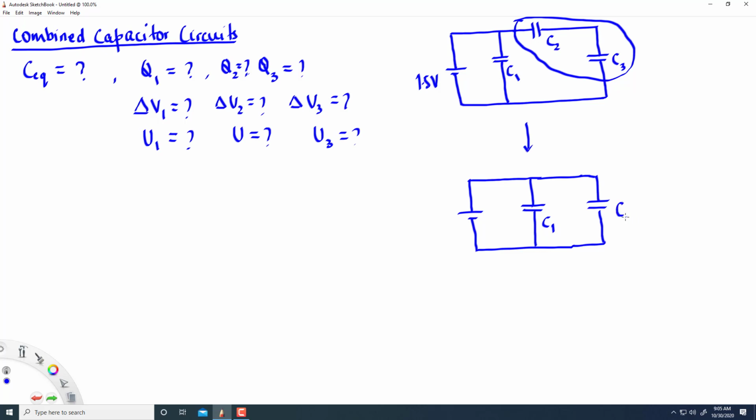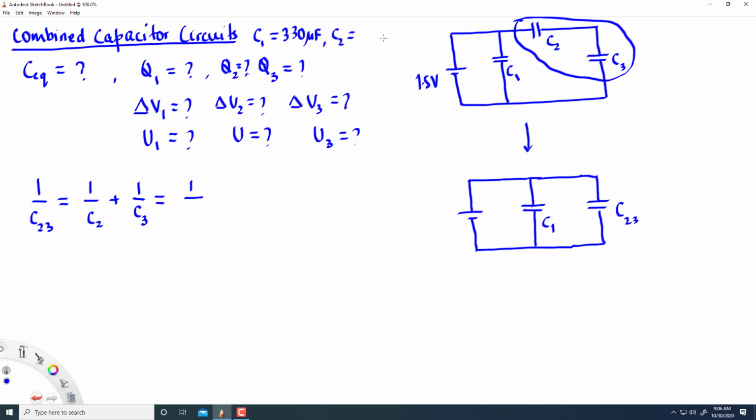So let's write C23. So we want to find C23. We can use the reciprocal formula for series capacitors. So 1 over C2 plus 1 over C3. Okay. So the value of capacitors are given. Okay. So C1 is 330 microfarad.